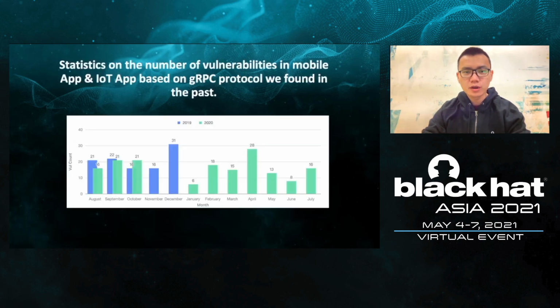In the past period of time, through reverse analysis, we have developed a set of vulnerability mining methods that can be almost fully automated for mobile applications and IoT devices. According to our study, dozens of security vulnerabilities can be found almost every month.